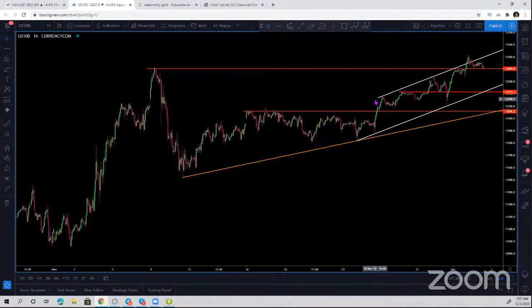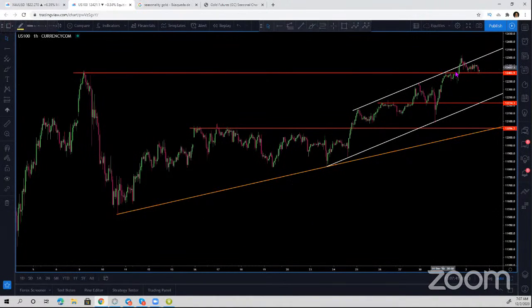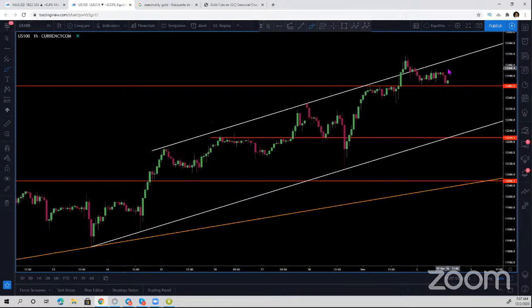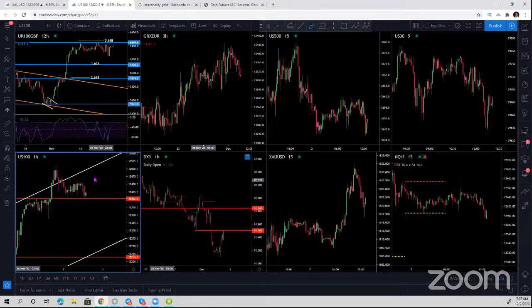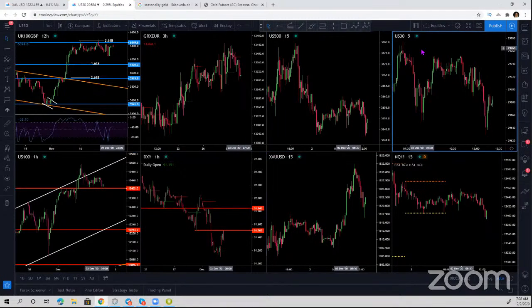It's pretty high, but it's also a big level that was heavily tested here. And if this level holds, we could be in for the next leg up, right? But I haven't had a clean analysis on the S&P 500 and the Dow this week, just on the Nasdaq, and 12,400 is the level that I'm looking at for buys.